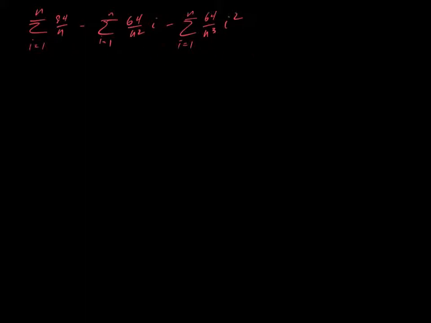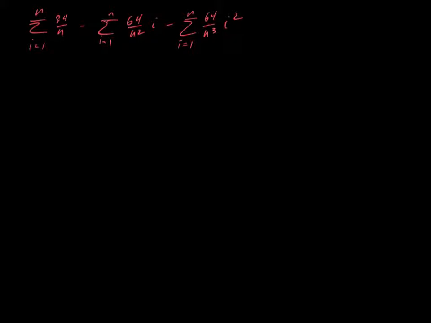The next thing that needs to happen in order to figure out what all of these sums are is that we need to take out any constants. Now this includes any number and any n's that you see. N is just a number.